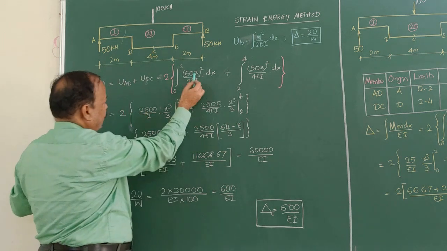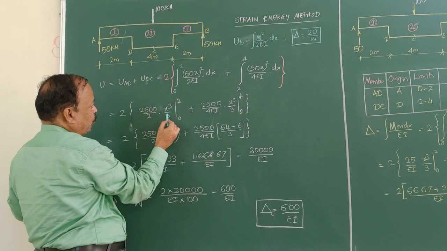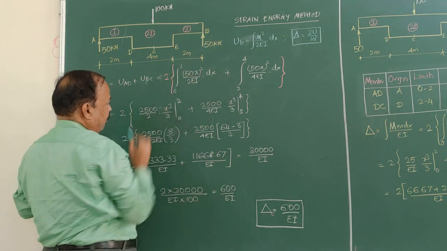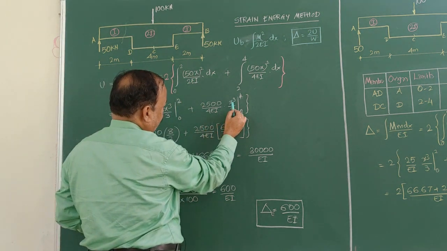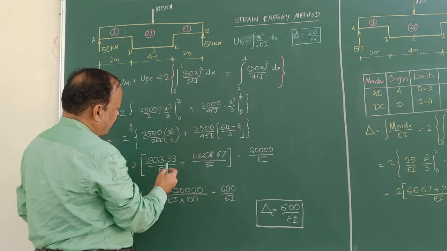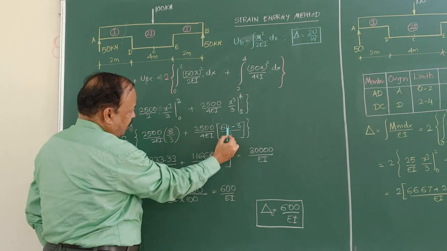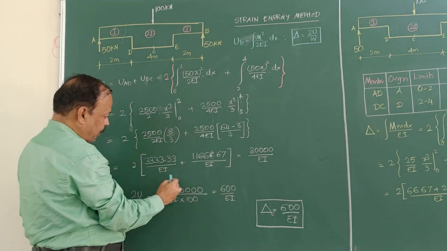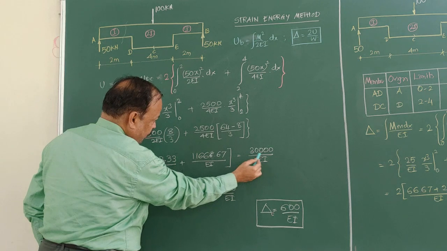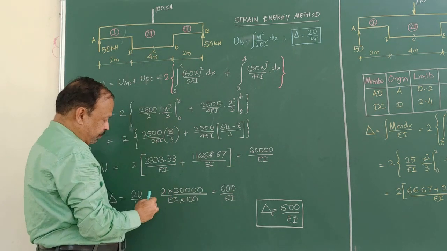Then (50x) square will be 2500 divided by 2 into x cube by 3, that is integration of x square. Here also it will be x cube by 3 between the limits 2 and 4. So on integration we get here 8 by 3, here you will get 56 by 3. So in total it will be 30,000 by EI. You have to multiply it by 2 because you have taken only half.